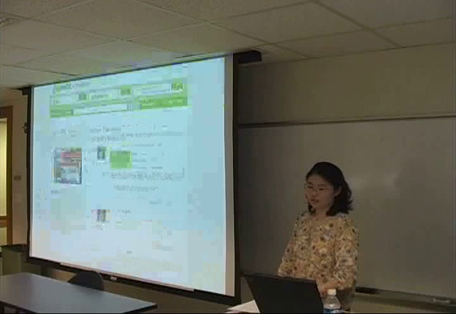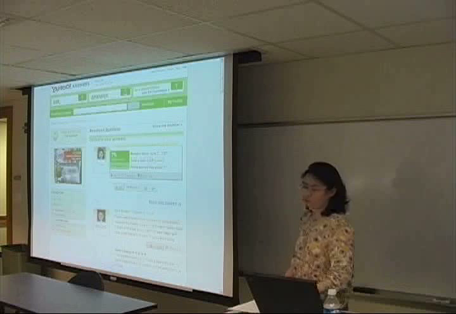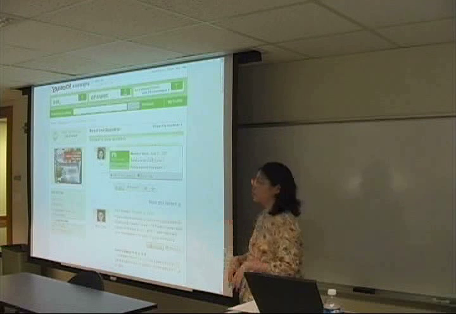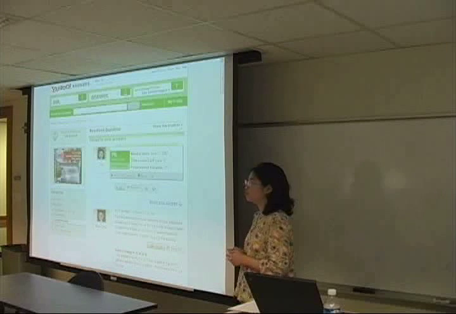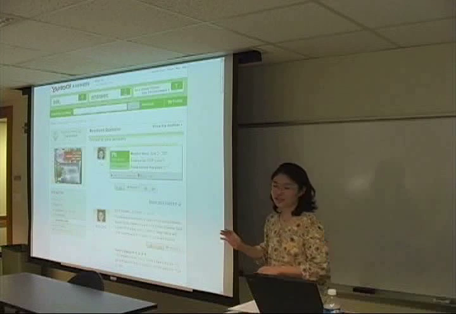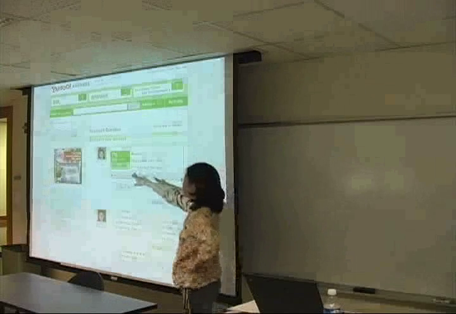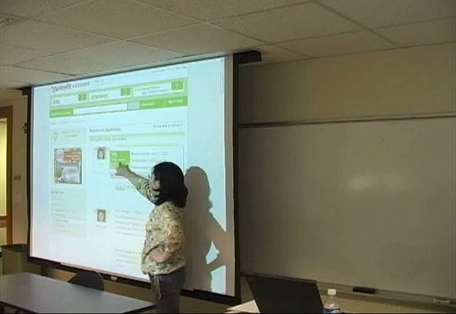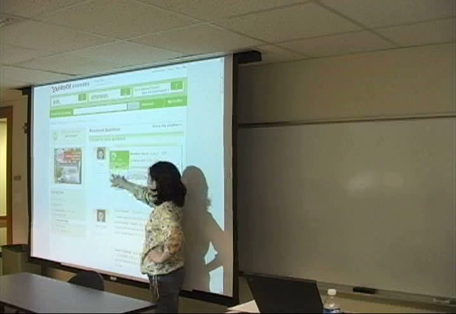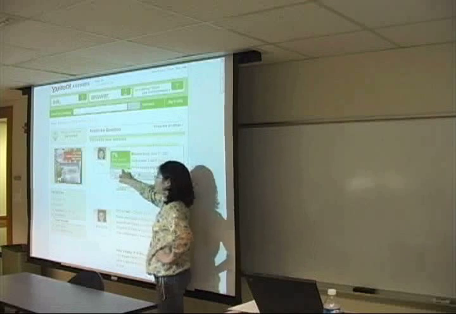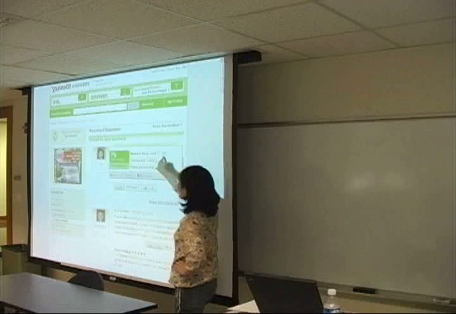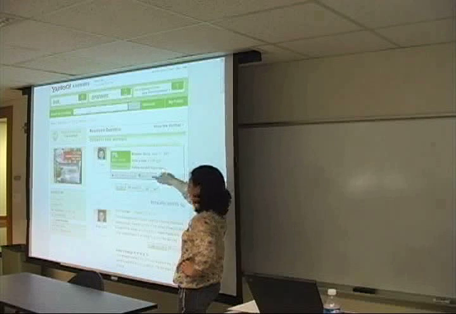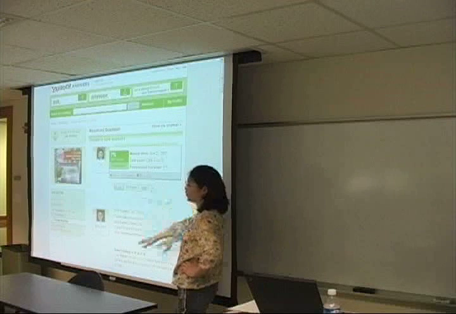So this is sort of the overview. This is the other slide. The other two slides show what kind of user profile information you can get. It's separate from our study. If you put your mouse over the picture here, you will see the percent of best answers of this person, how many answers the person gave to this system, when the membership started, and the total points the person has. There is a really complicated pointing system.